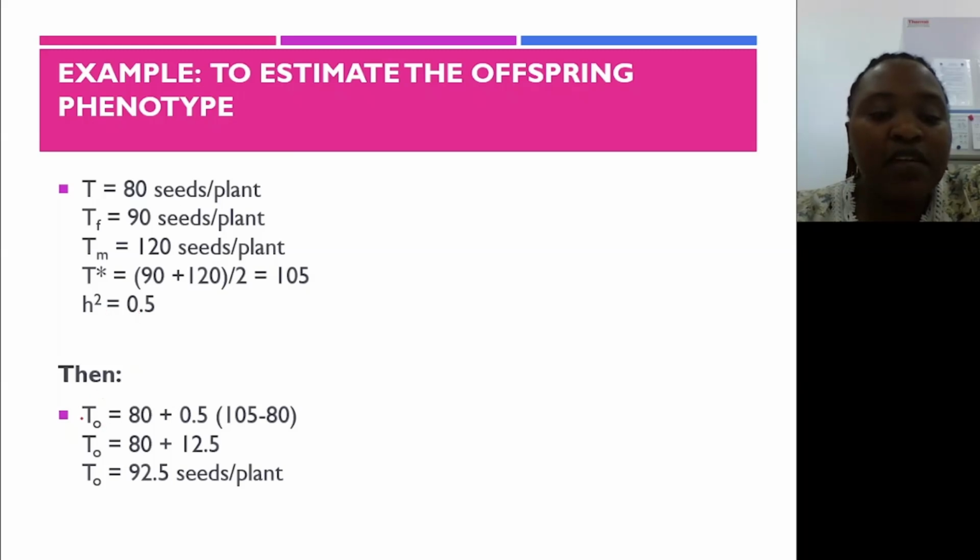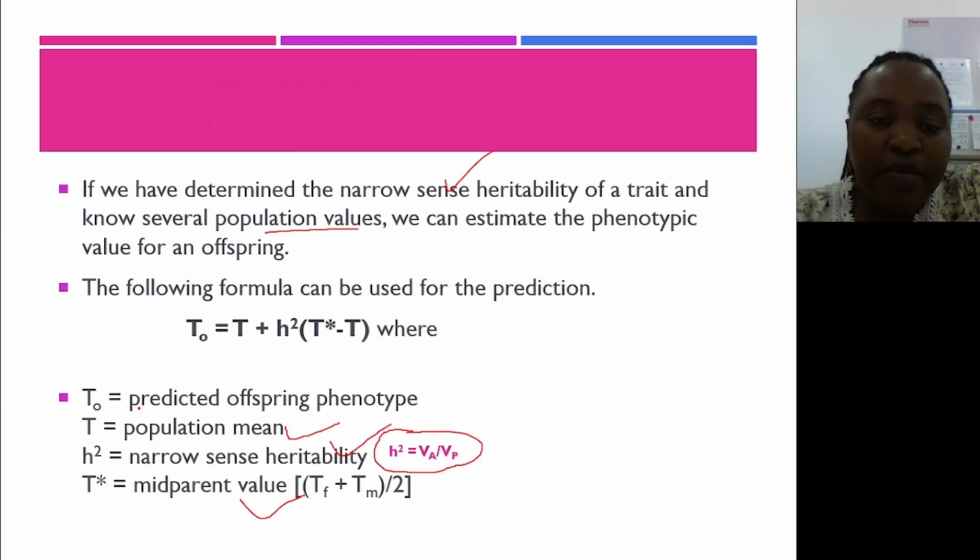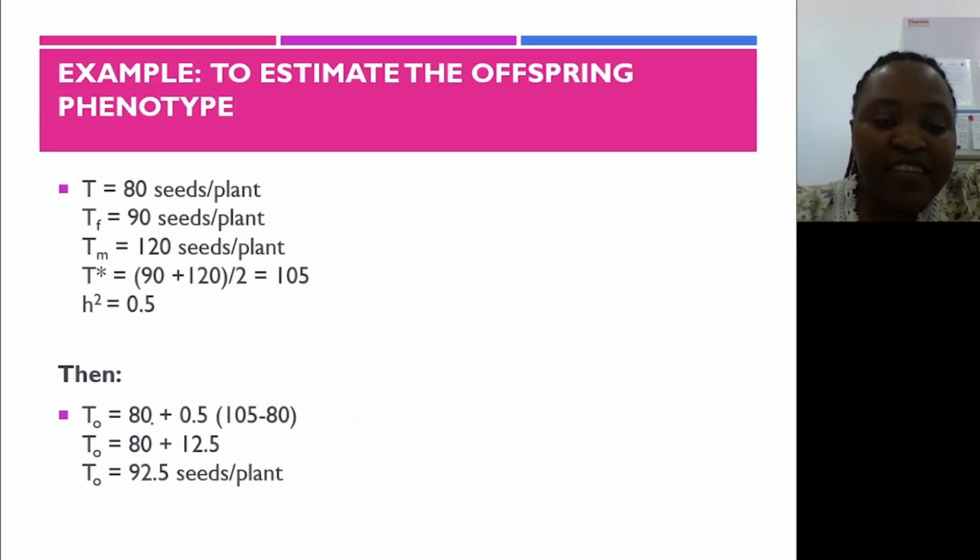Then the offspring phenotypic value can be estimated. Remember our formula, which has the population mean, which is 80. Then we have the narrow sense heritability.